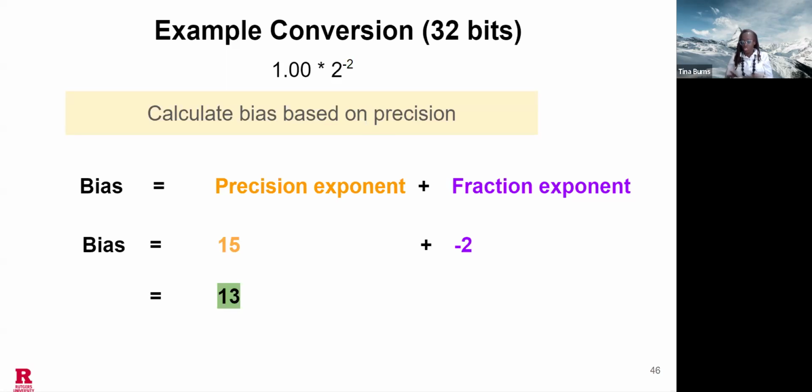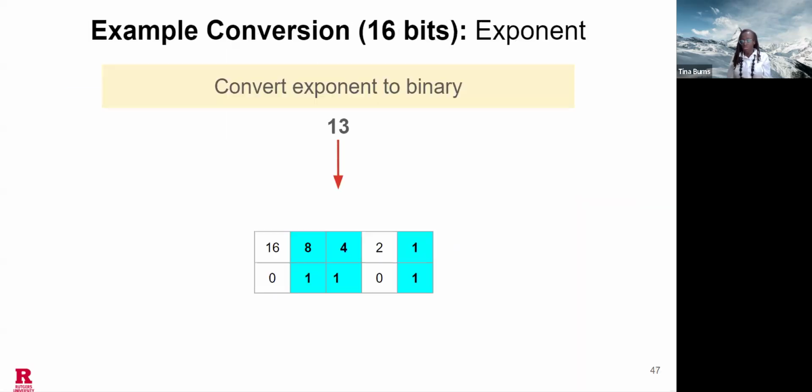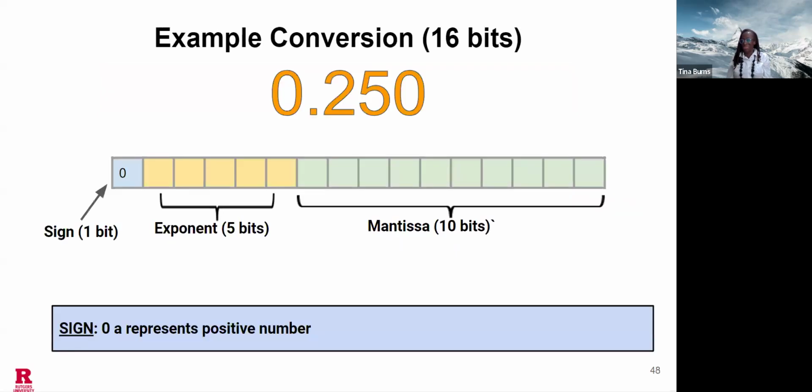So it's 15 minus 2, that gives us 13. Notice how it's not a positive number, but a negative number. If we convert 13 to binary, we get 0, 1, 1, 0, 1.